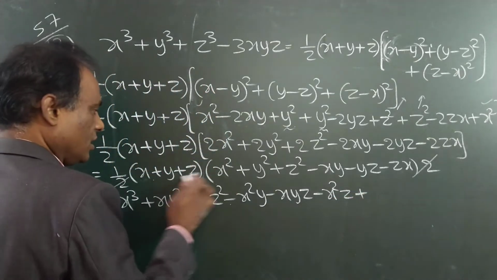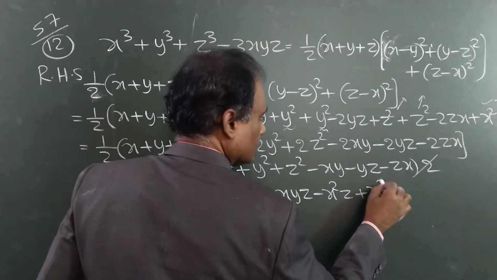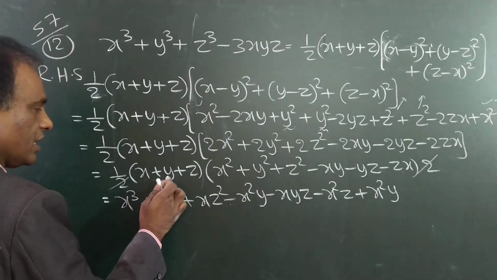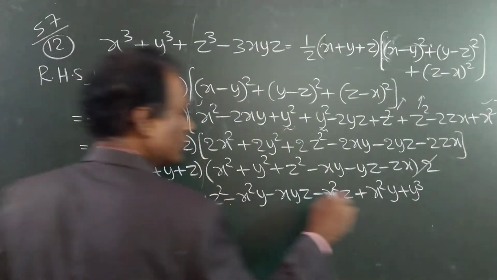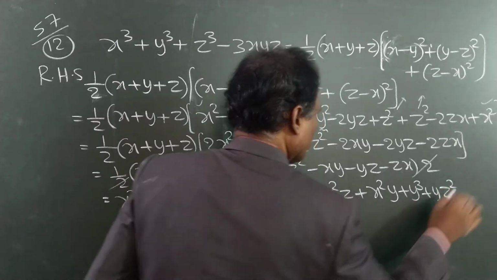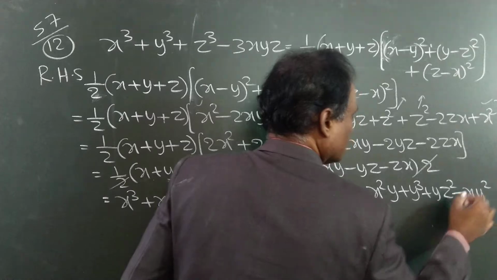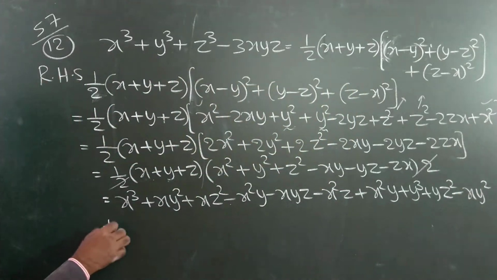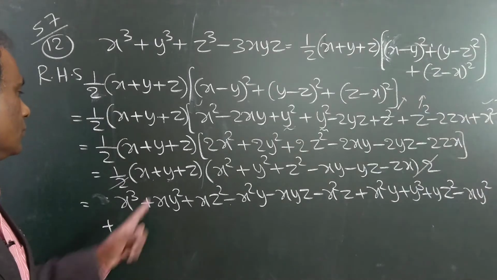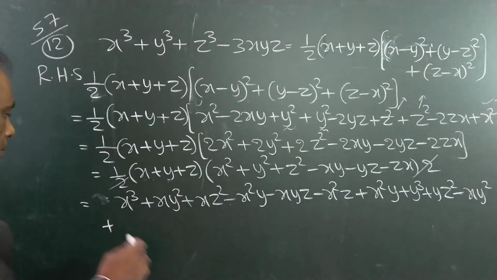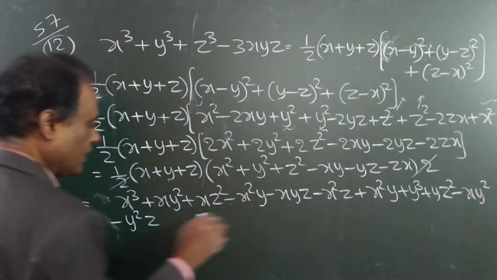Again with y: xy square, x square y, y cube, yz square, minus xy square, minus y square z, minus xyz.